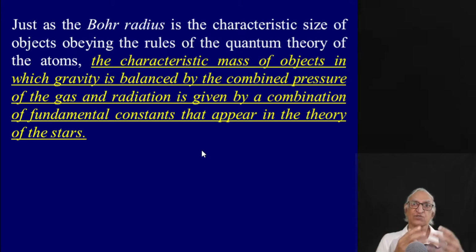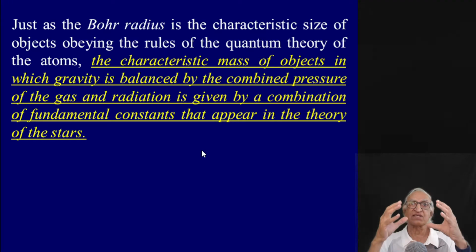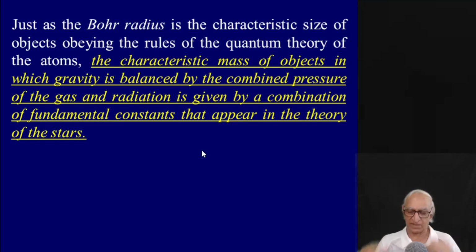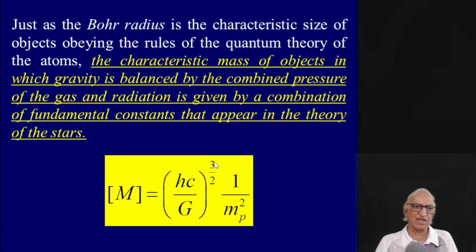He says those objects which have to be explained using the equations of stellar structure will have masses of the same scale as the characteristic mass which emerges from the combination of fundamental constants. And the combination he isolated was (hc/G) to the power 3/2, which is the dimension of cube of a mass, divided by the square of the proton mass. So the right-hand side is a dimension of a mass.